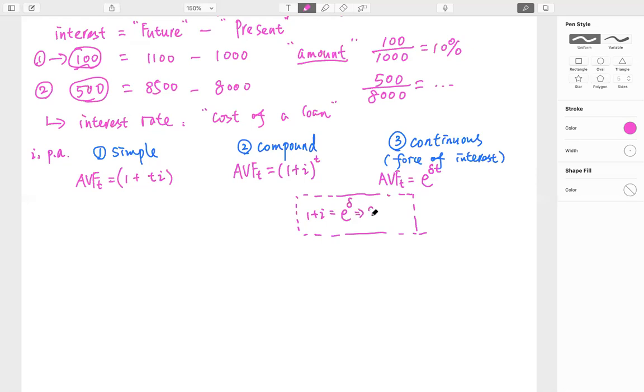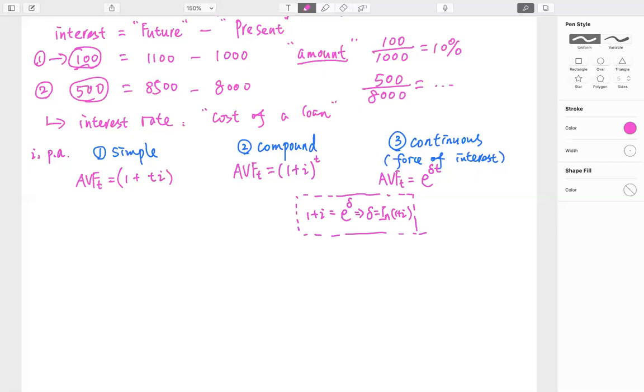From there, we know delta is nothing but log of 1 plus I. So if you know the force of interest being delta, we can take the exponential and minus 1 to get the compound interest rate I. And if you know I, you can use 1 plus I and then take logarithm to get delta, right? So that's the relation between I and delta.